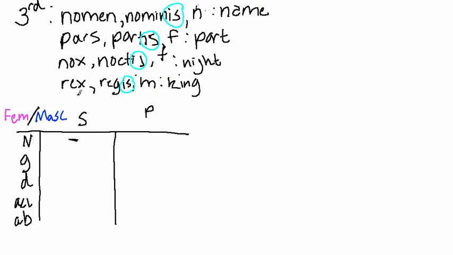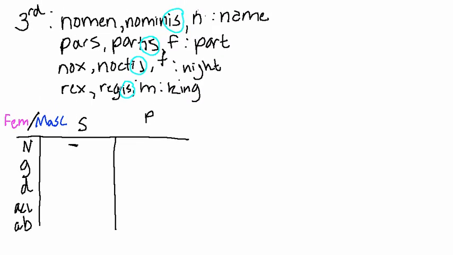As you can see, in these third declension nouns, nomen ended in N, pars, nox, rex. Although there are some patterns among them, like you'll find a few words that end in X, there's no expected ending, which is why we usually put a dash there, and you can just go ahead and put the nominative over there from the dictionary entry.